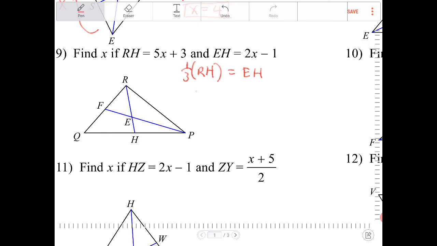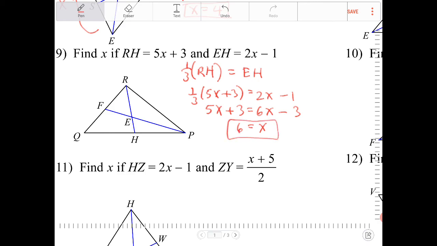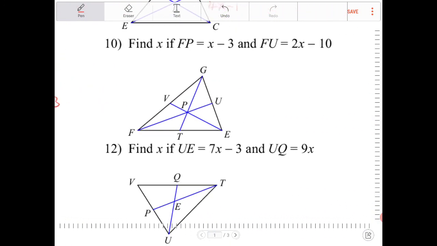If I directly substitute in what I know, 1/3 of 5x plus 3 will equal 2x minus 1. I want to multiply both sides by 3. I end up with 5x plus 3 is equal to 6x minus 3. Subtract 5x and add 3 to both sides, I end up with x is equal to 6. And that's it.